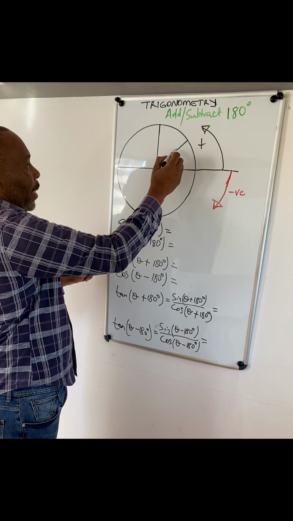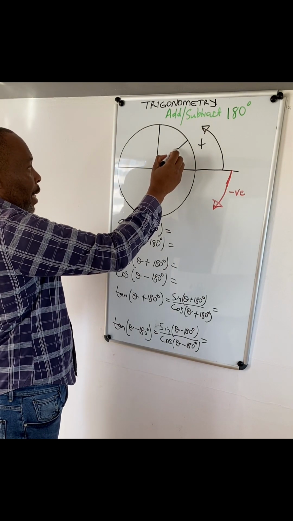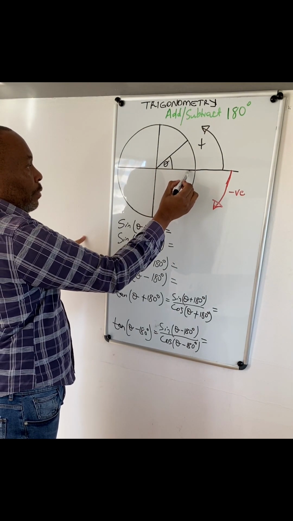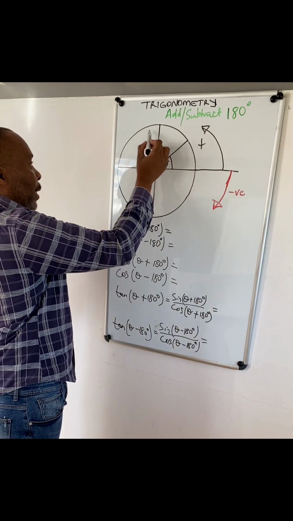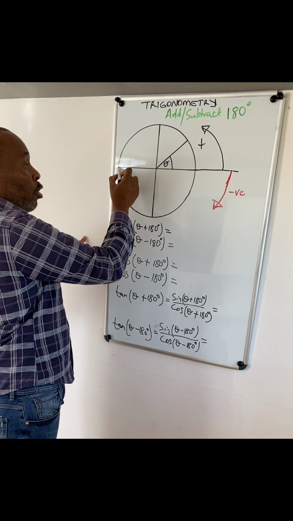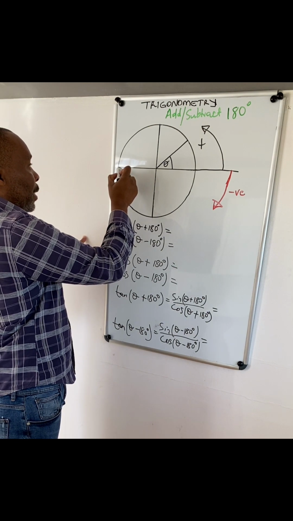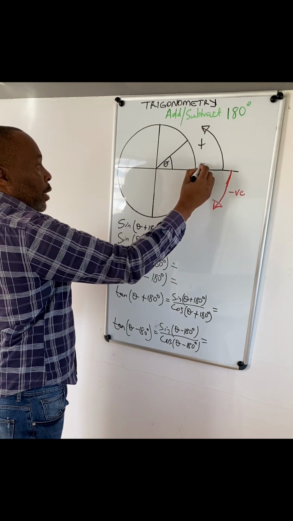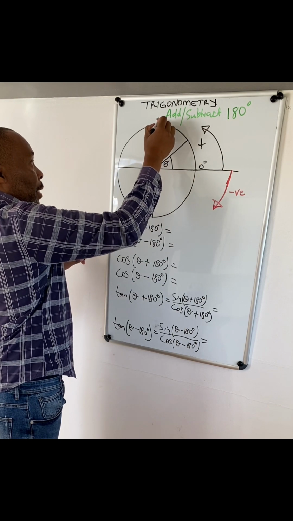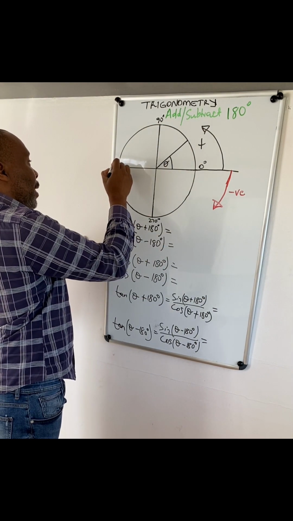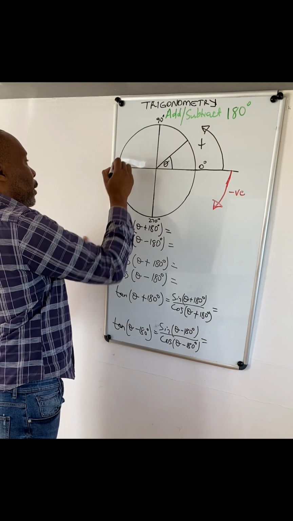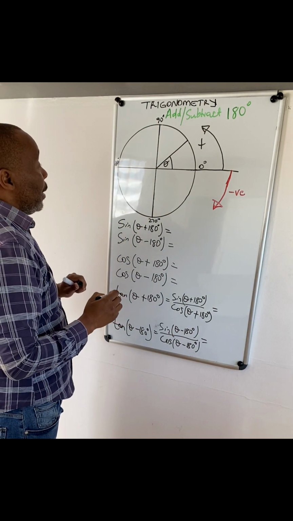If I were to add 180 degrees to this angle, it would move from here and stop here. This is where 180 degrees is. This is 0 degrees, this is 90 degrees, 270 degrees, and 180 degrees. Right, this would be 180 degrees.